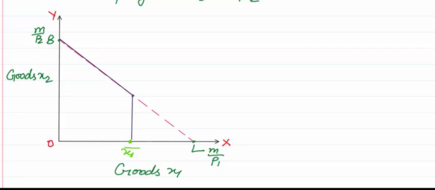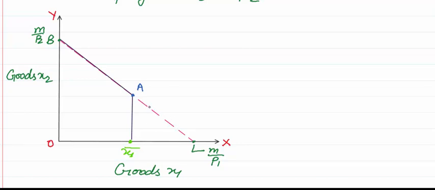Here we have good X1 fixed at X1 bar, and at point A the consumer's budget line is lopped off, moving parallel to the y-axis instead of moving towards L on the x-axis. So we can say that good X1 is rationed, hence no more than X1 bar can be consumed by a consumer. It is like an old budget line lopped off.